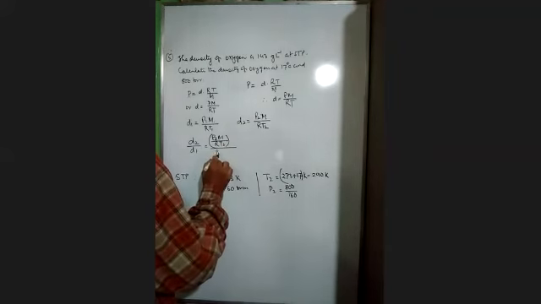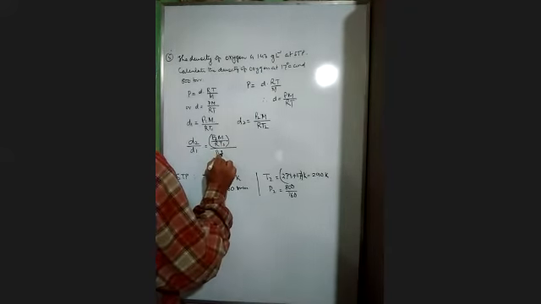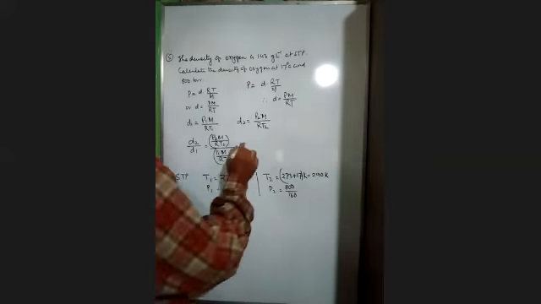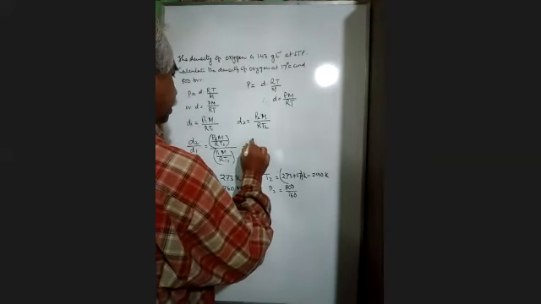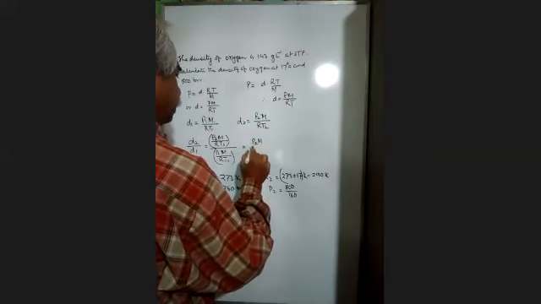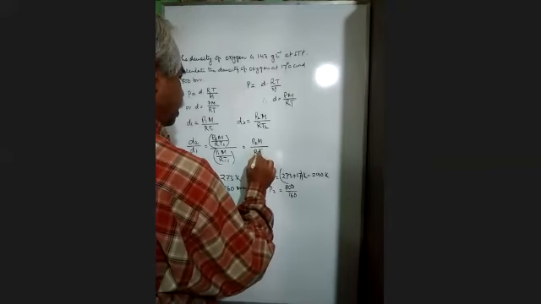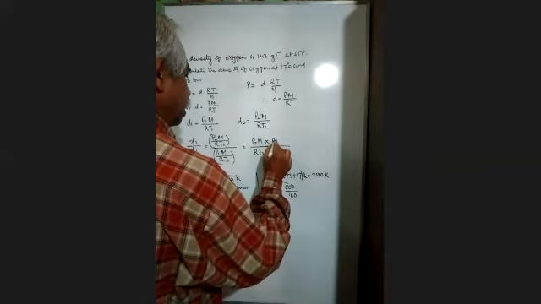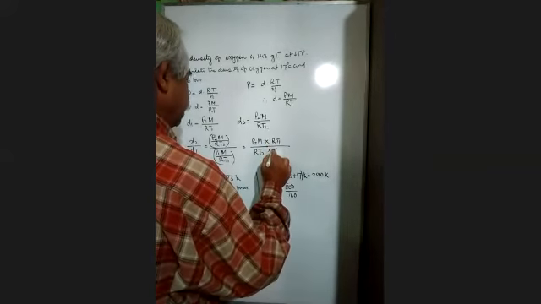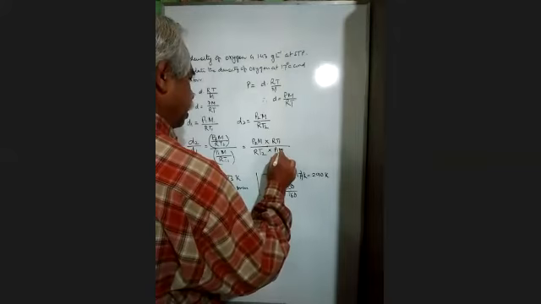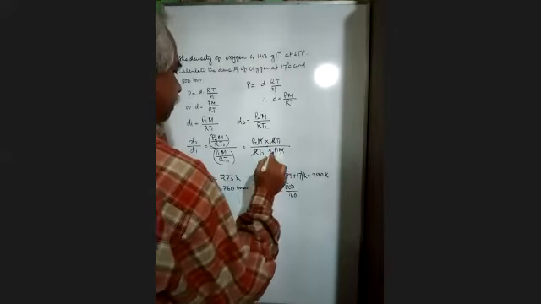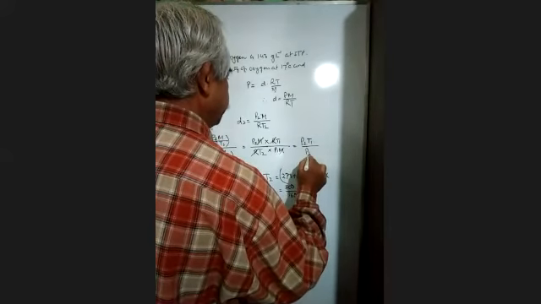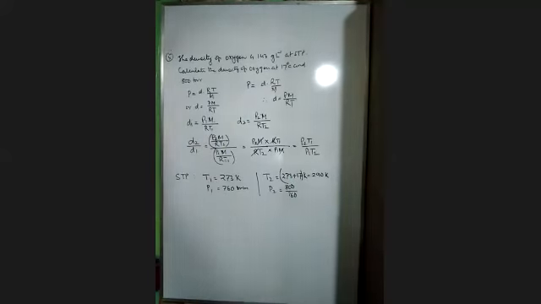And this will be P1M divided by RT1. So I can write like this: P2M by RT2 into RT1 by P1M. So it will be P2 T1 by P1 T2. Okay.